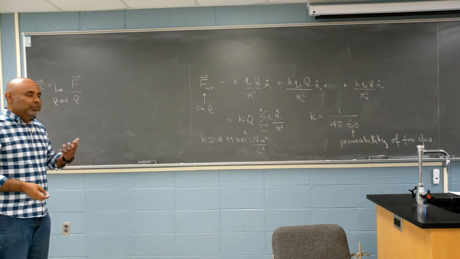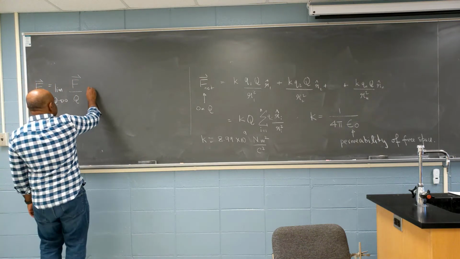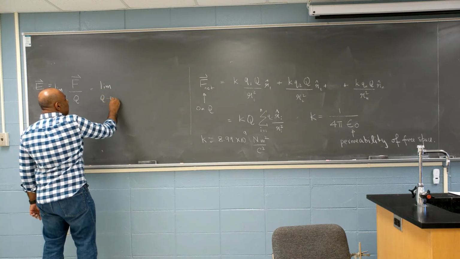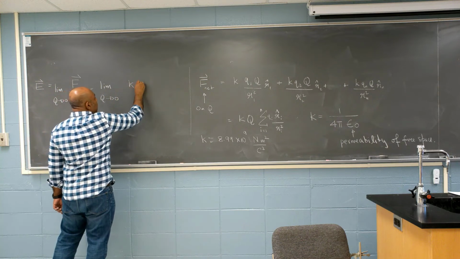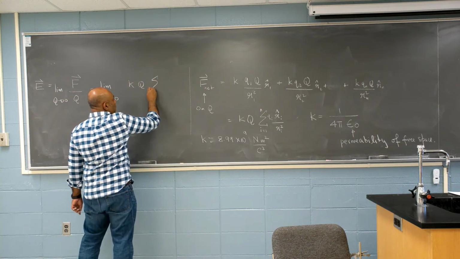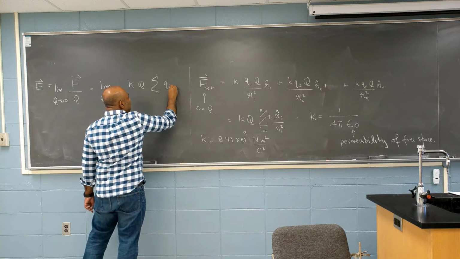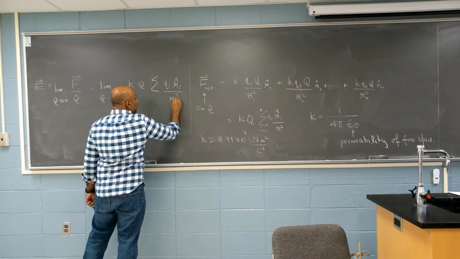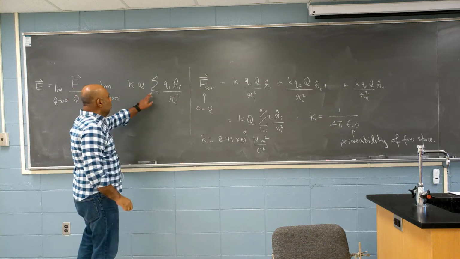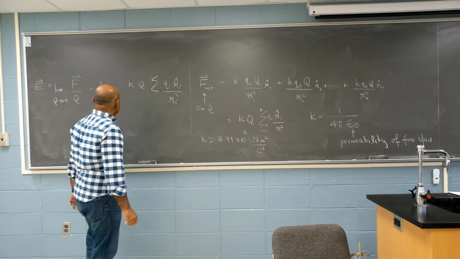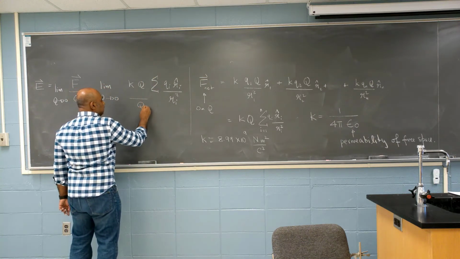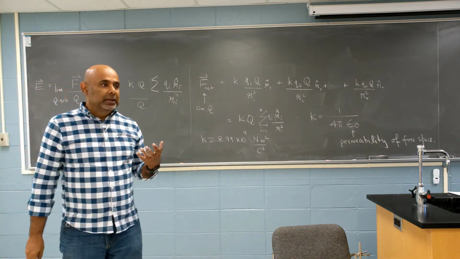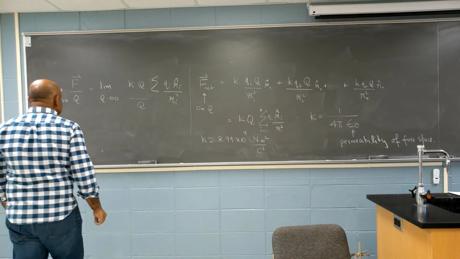But it turns out that really won't matter, because this is the limit as Q approaches 0 of K Q_i over r_i, going from 1 to n, divided by Q. So in practice, we don't have to worry about letting the limit as Q goes to 0.